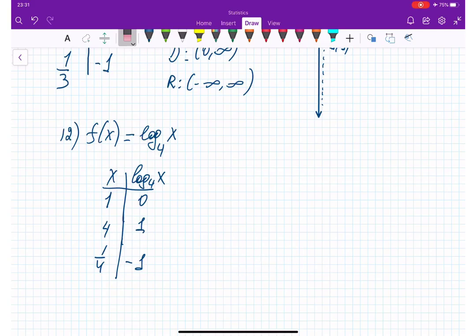So the graph is going to look like so, 1 and 0. Every single logarithmic graph is going to go through 1 and 0. And then we have positive 4, 1, 2, 3, 4, positive 4, and 1.